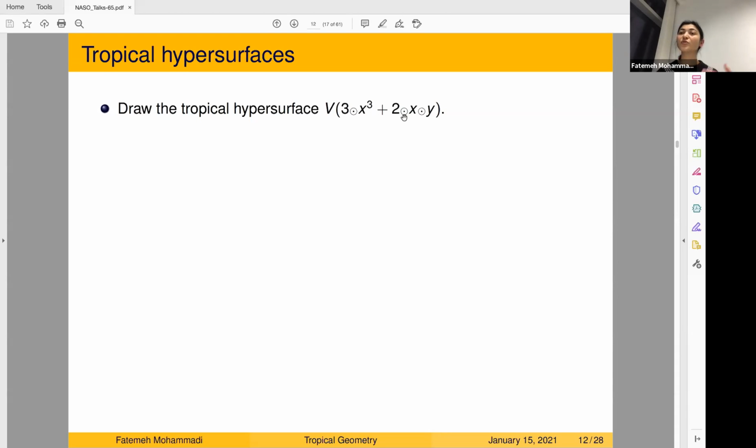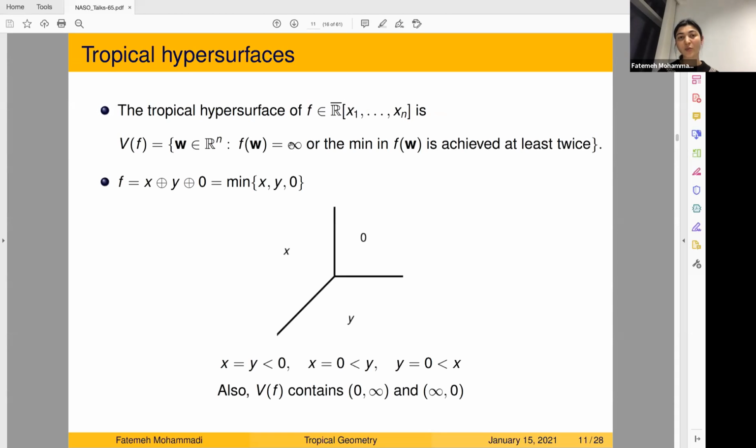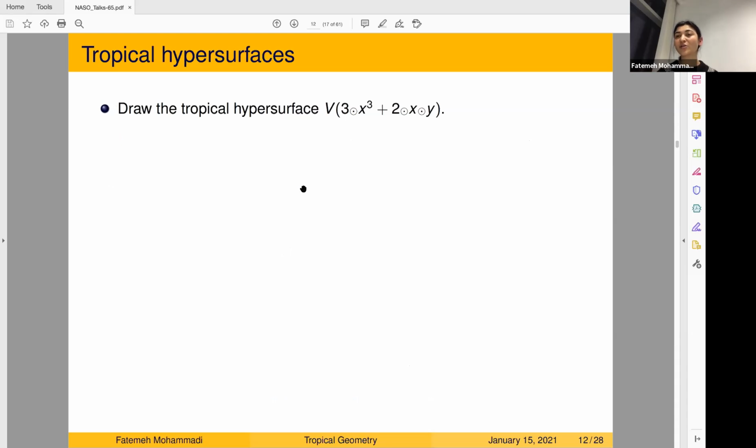Ignore the first part, f of w being infinity, and look at all those points where, when I compute this tropicalization, the minimum of these 2 terms is achieved twice. Share your answers in 1 minute, and if there is any question, please let me know in the meantime.